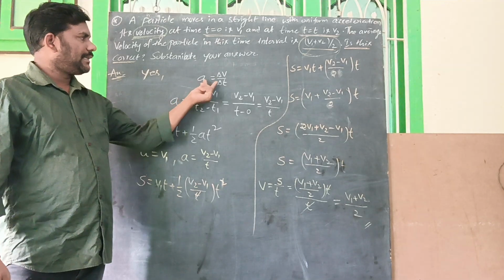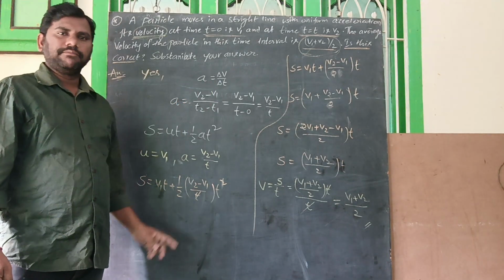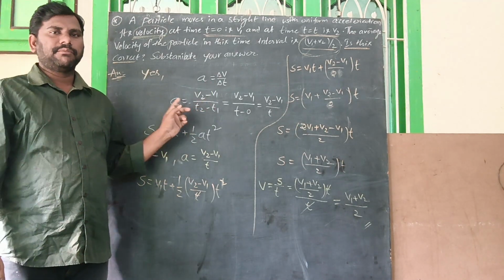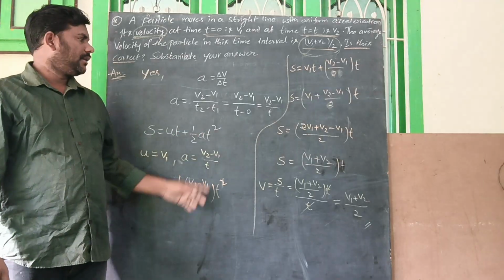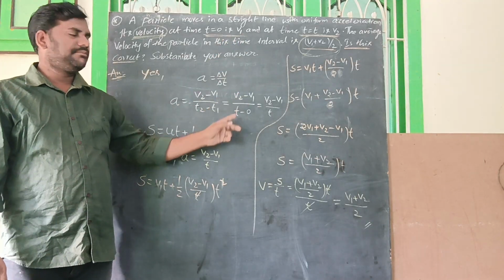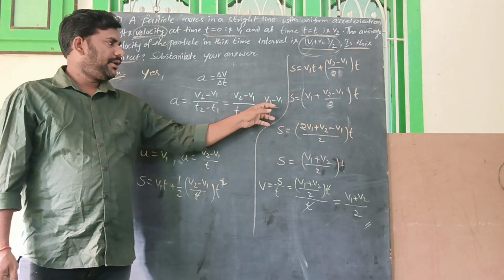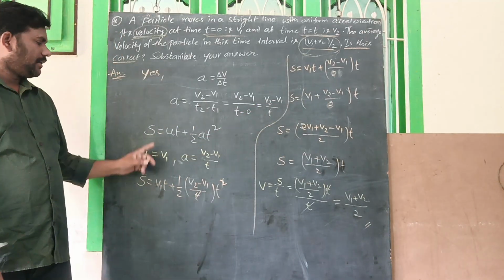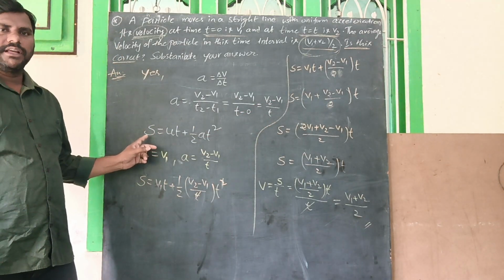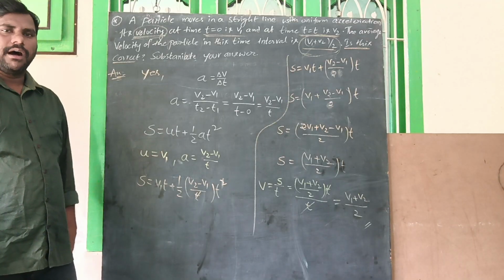The acceleration is change in velocity by time, that is (v2 minus v1) by (t2 minus t1). The time changes from t minus 0, so (v2 minus v1) by t. Then we can find the displacement, s is equal to ut plus half at square.